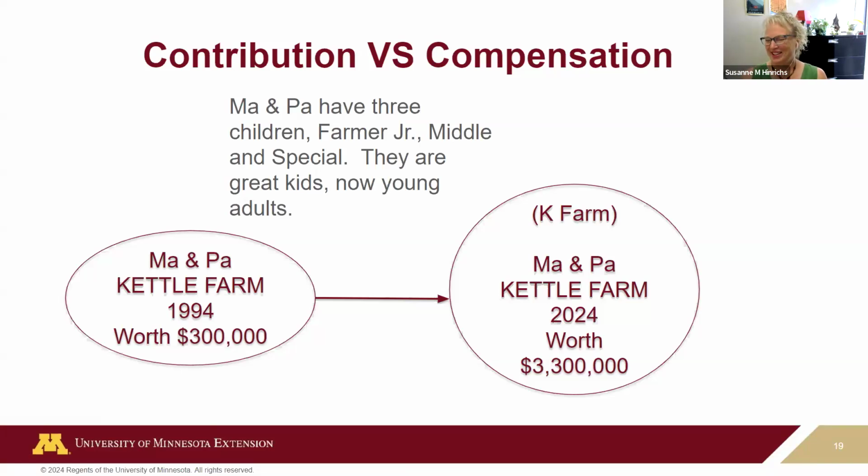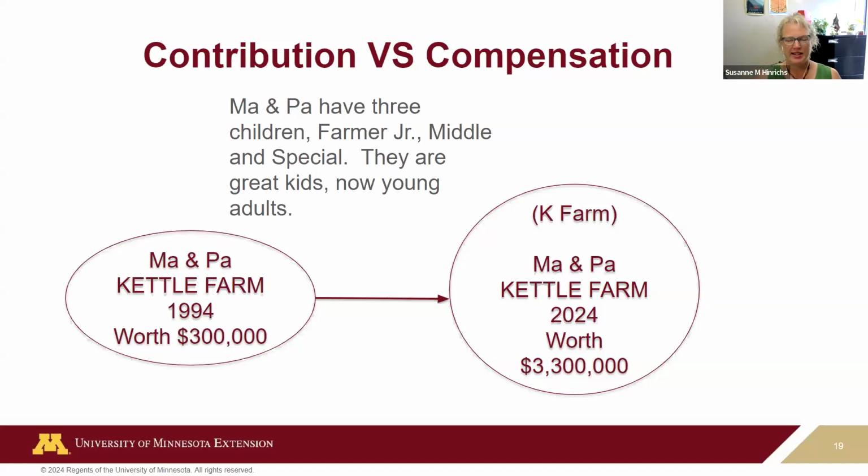Middle and Special are the other 2 kids. They have sought other opportunities. They might be a dentist or a doctor, or they might be working at a business someplace else, but they are not involved with the farm. They come around, they visit, but they're not involved with the daily operations or the management of the farm. All the kids are great kids. They're all young adults now.